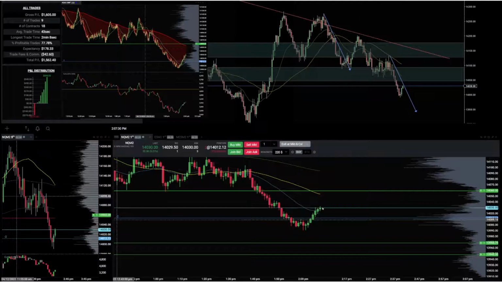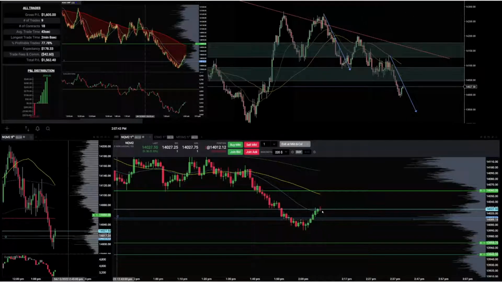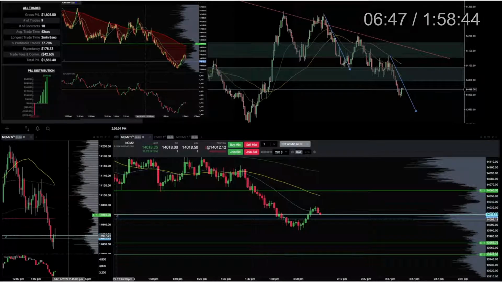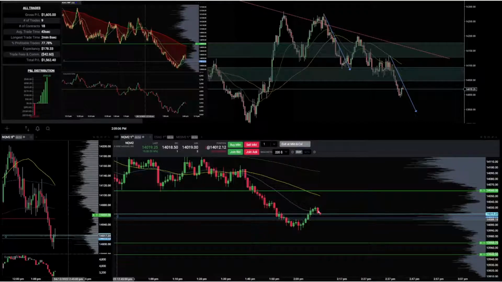Okay, the price is still trying. Okay, after seeing this red bar here, it made me relax a little bit, and I see that okay, the bears are still in here.